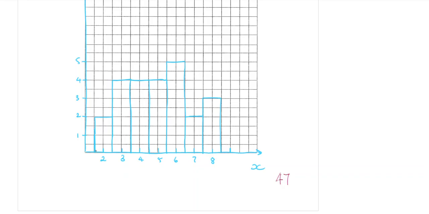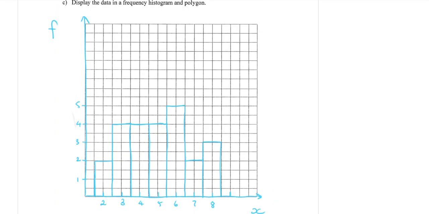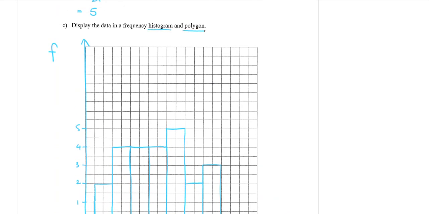So that is the frequency histogram, those columns. Make sure that there is no gaps in between them. That's what we call a column graph, where they have the gap in between. This does not have those. The polygon part, so it says histogram and polygon. The polygon is a line graph that goes over the top.